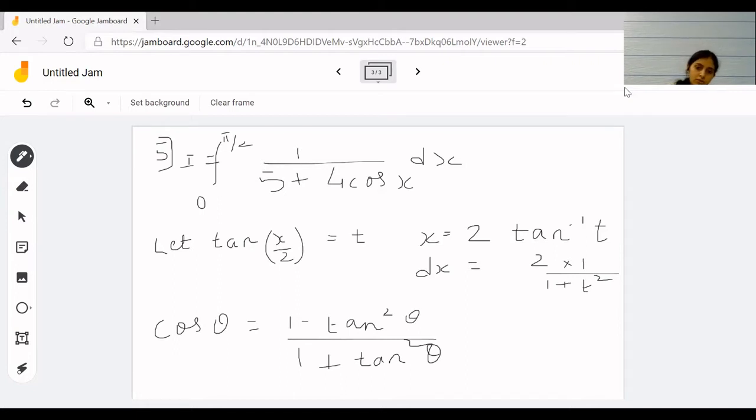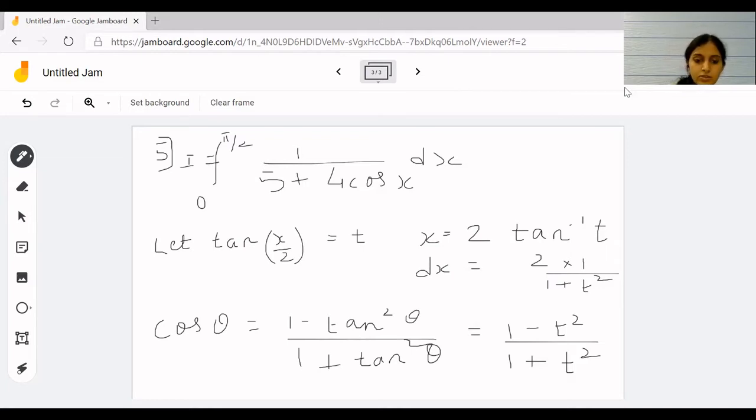Okay, so we're going to put this substitution here as 1 minus t square upon 1 plus t square. So cos theta will be equal to 1 minus t square upon 1 plus t square.